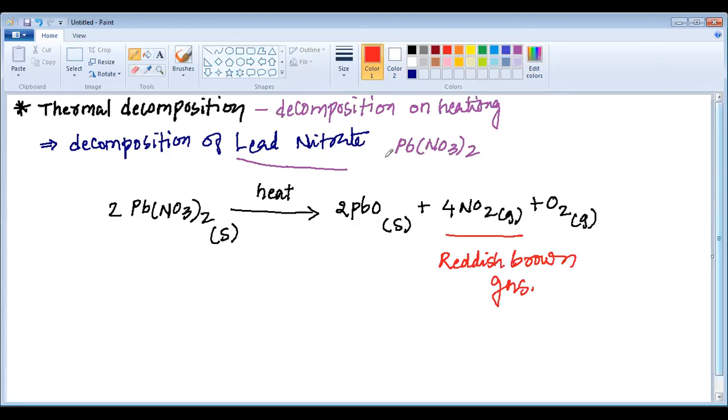Before 2 days, my dear students, I taught you about the burning of magnesium ribbon. Have you seen that activity of burning of magnesium, my dear students?